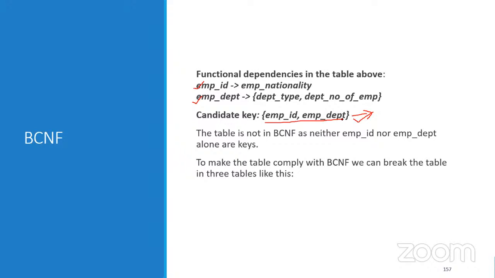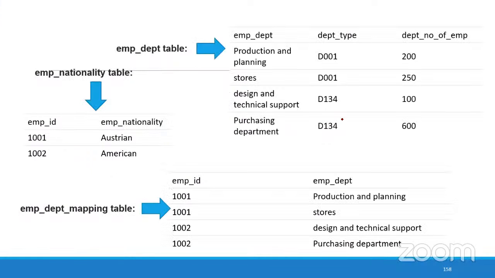That is, we are going to decompose this table into two or three smaller relations. See how we are going to divide this table. I am going to divide it into one relation, the employee nationality table R1, and the employee department table R2.